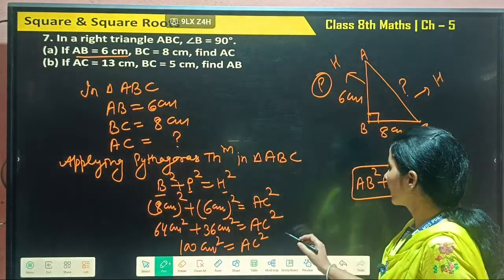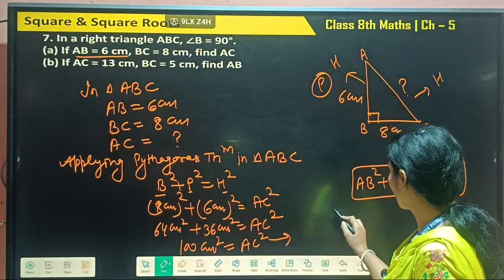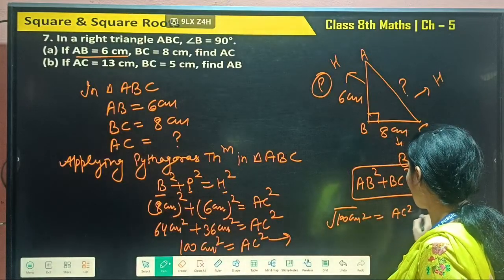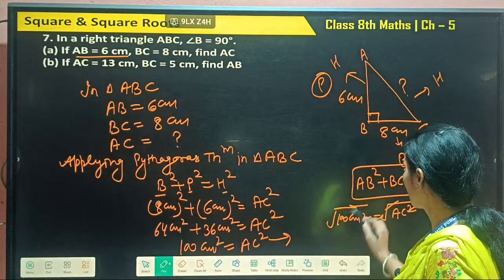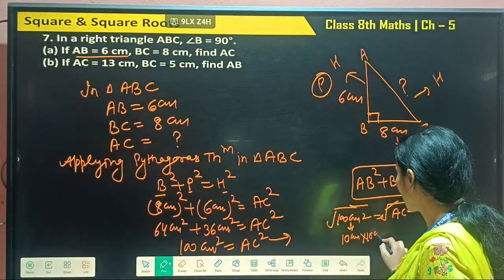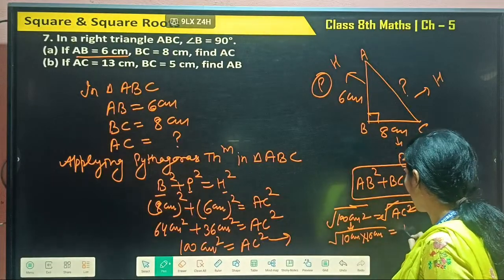Applying square root on both sides, then what will you get? Under root 100 centimeter square equals AC square. Square and square root will be cancelled. Now you can write 10 centimeter into 10 centimeter equals AC.